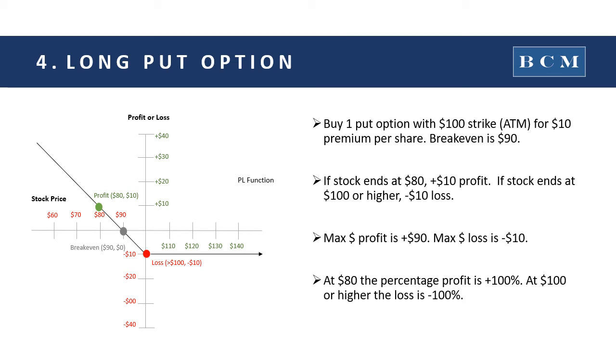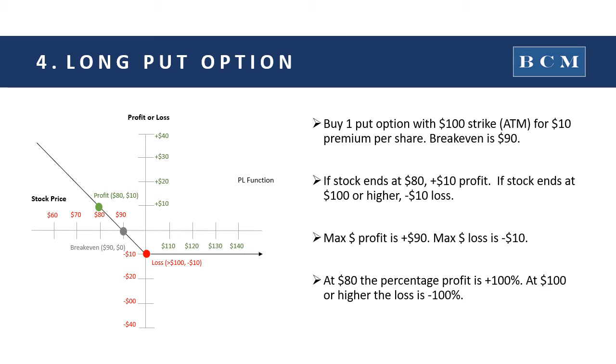Here on diagram 4, we have a P&L diagram for a long put position. Notice that it's just the inverse of the long call position from diagram 2. In this example, we are buying an at-the-money put with a $100 strike for $10 in premium.